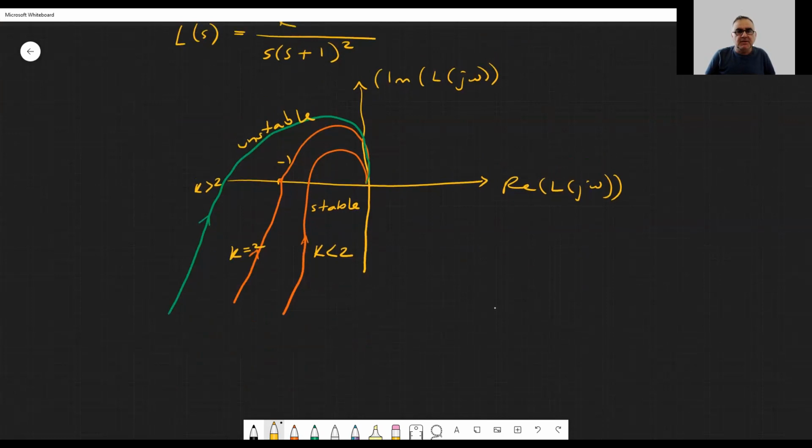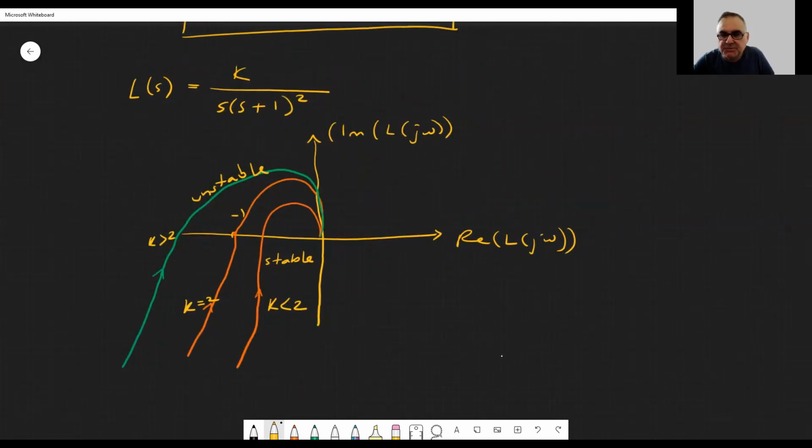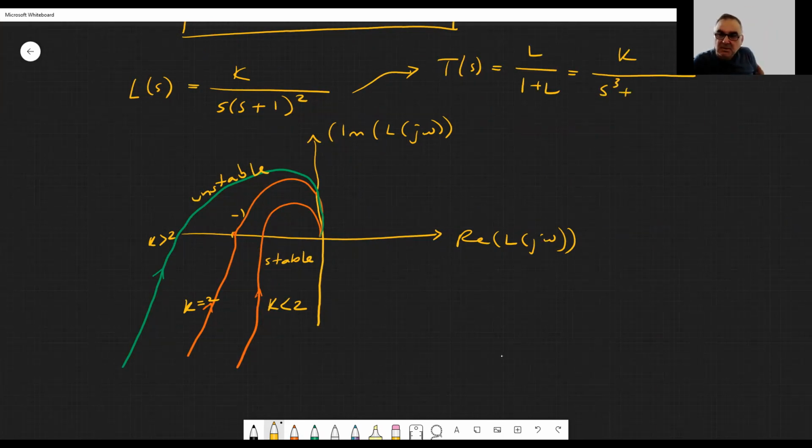And indeed, if I look at the closed loop transfer function here, T of S, which is L over 1 plus L, this will give me what? K over S cubed plus, what will that be? 2S squared plus S plus K, if I'm not wrong.